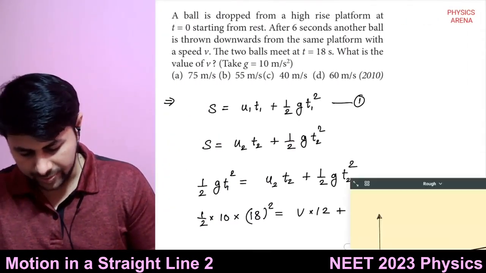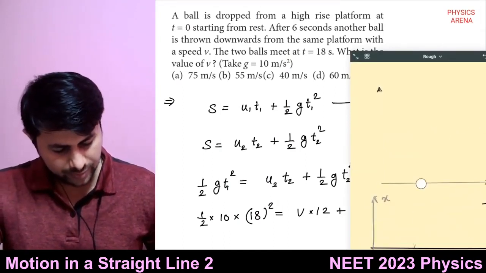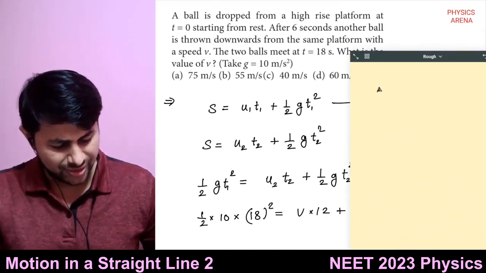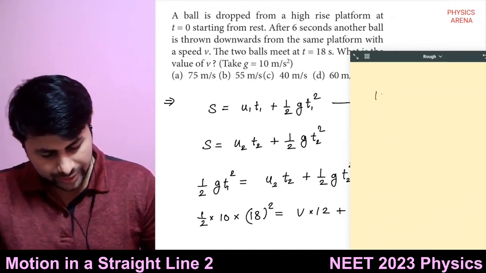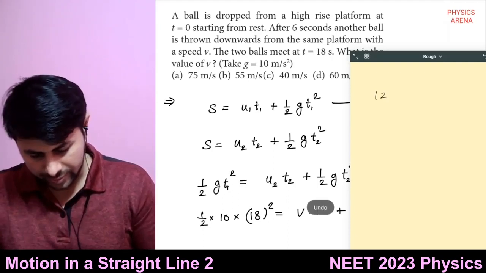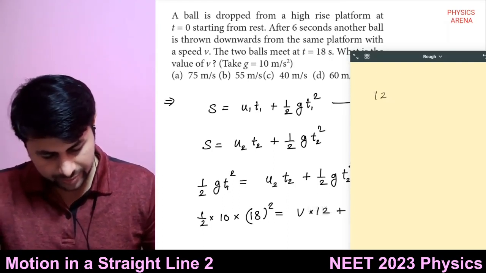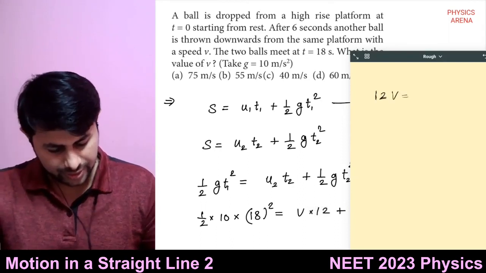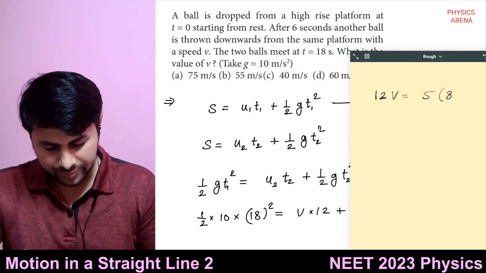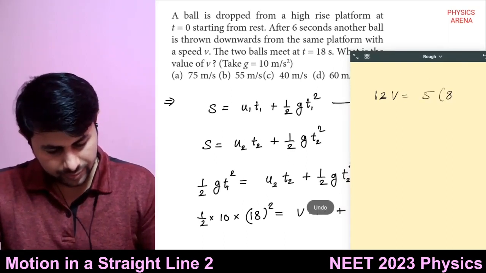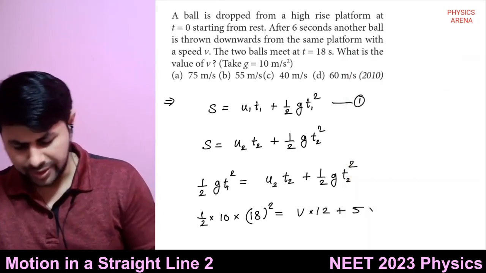Let's do the calculations over here. So 12 times v is equal to 5 multiplied by 18 square minus 12 square. Let me add a page.